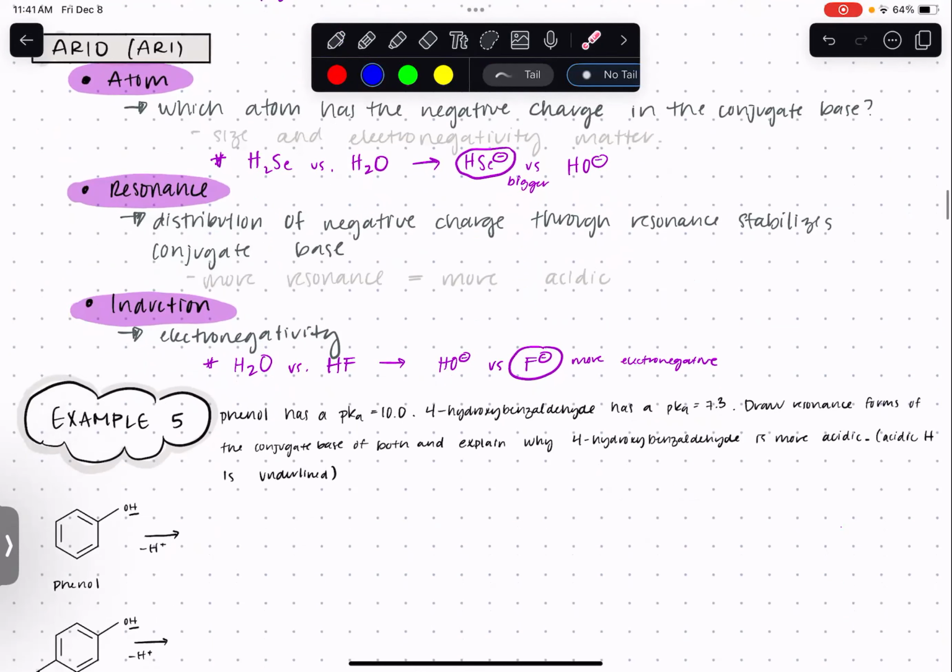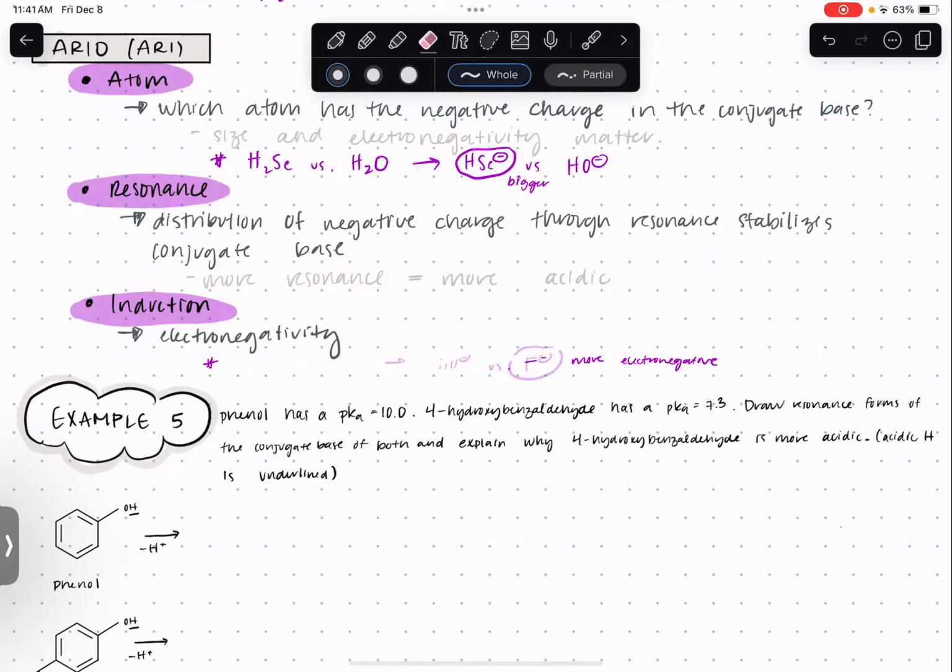And then with induction, that is strictly electronegativity of stuff that is on the acid. So for example, this is actually not, hold on.